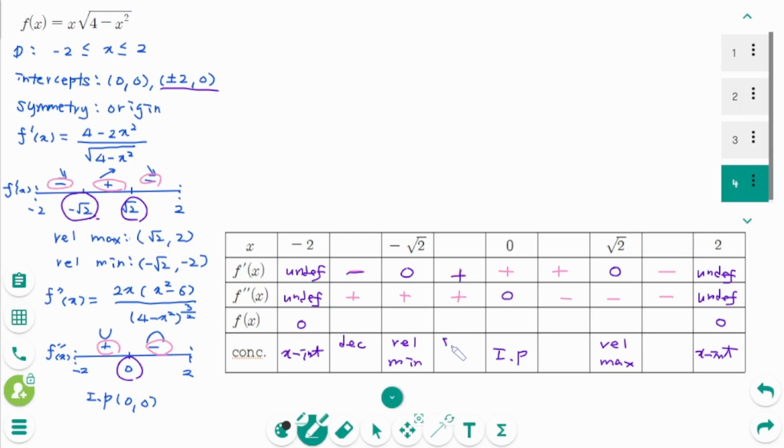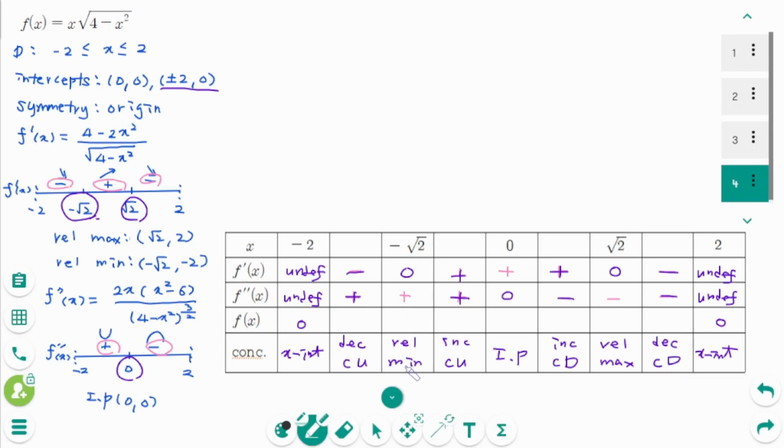Positive means increasing. Positive means increasing. Negative means decreasing. If f double prime of x is positive, that means concave up. Positive is concave up. Negative is concave down. Negative is concave down.